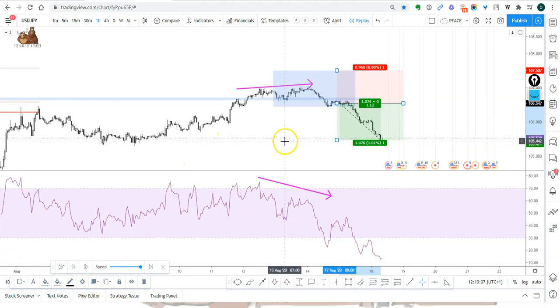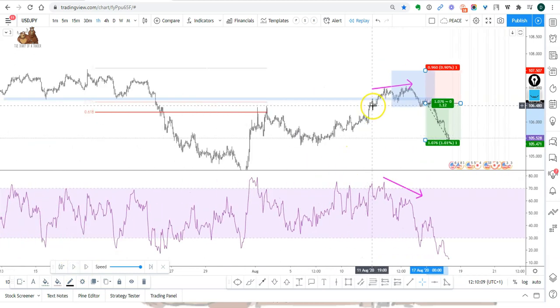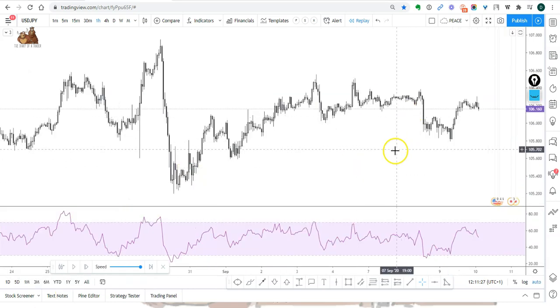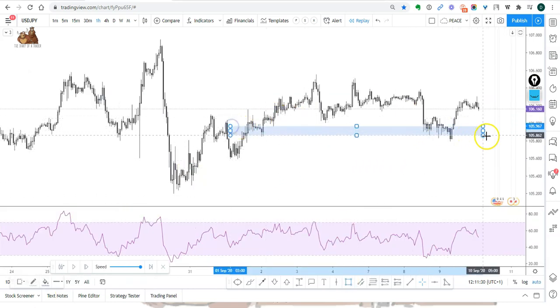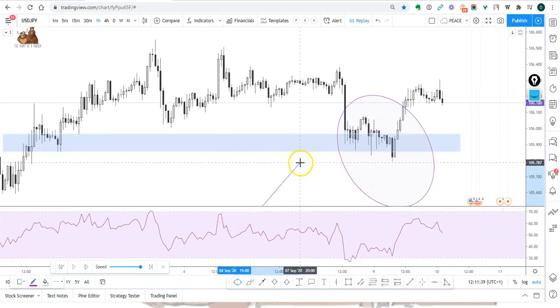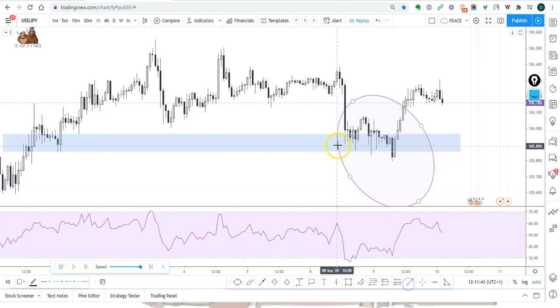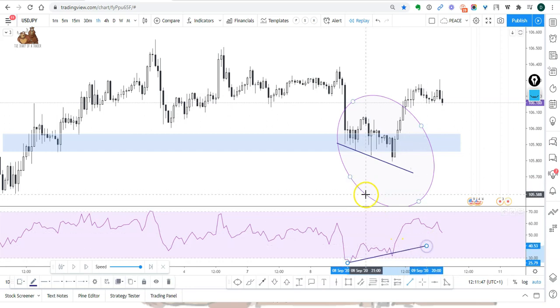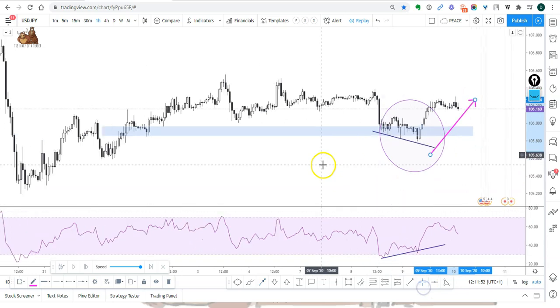So the opposite is also true. If you would like to buy, it's the same process. To look at a buy, let's identify that, for example, we want to buy at this area here. We can see that together with all our indicators, the market was creating new lows, but the RSI is creating new highs. And this would be our buy position.